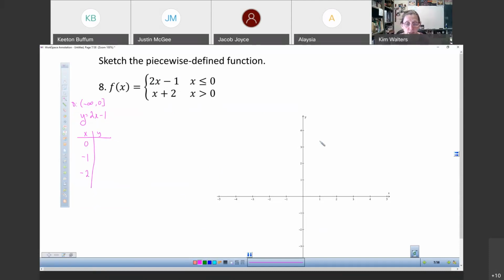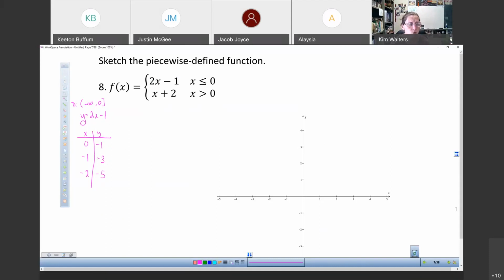Give me nice numbers. They fit on my graph. When I plug 0 in here, I get 0 minus 1, which gives me -1. If I plug -1 in, I get -2 minus 1, which is -3. And if I plug -2 in, I get -4 minus 1, which gives me -5.